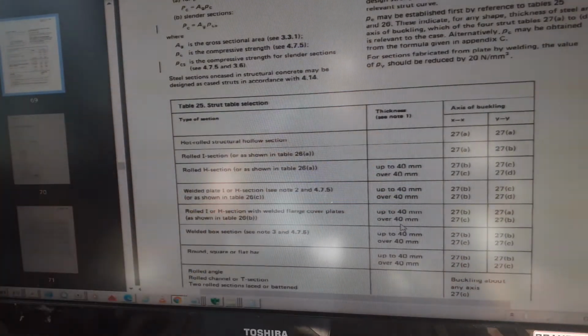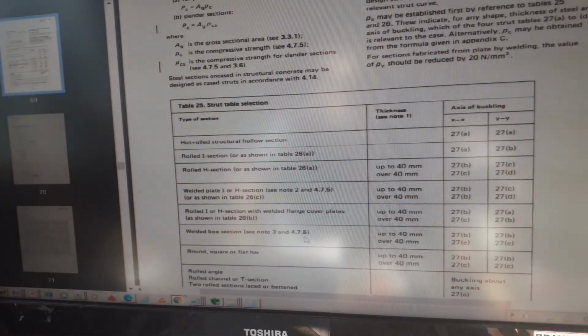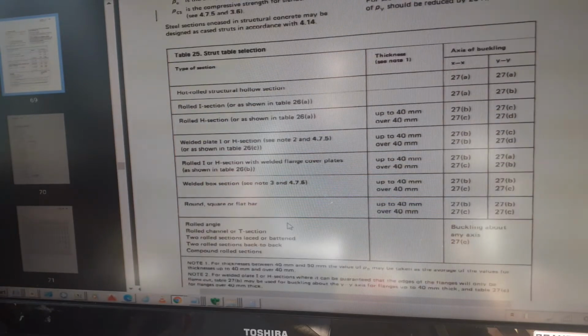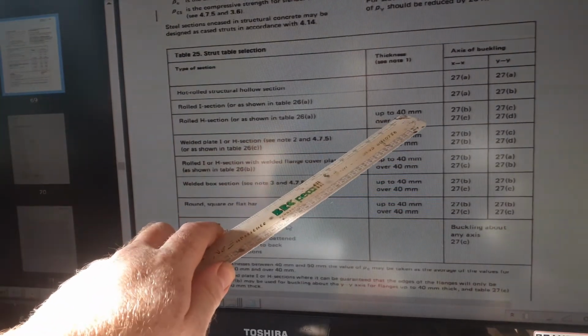See Note 1. Our thickness for the flange is 12.5. Note 1 says for thickness between 40mm and 50mm, the value of pc may be taken as the average of the values for thicknesses up to 40mm and over 40mm. But for us, flange thickness equals 12.5, so we're up to 40mm.